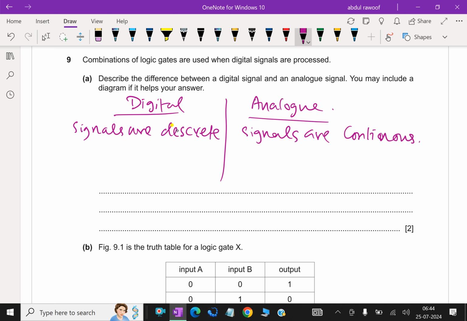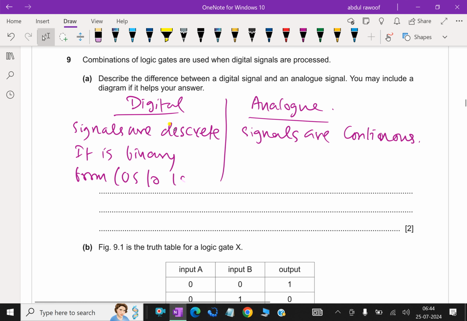Digital information is in binary state, in binary from 0 to 1. Analog represents a range of values.